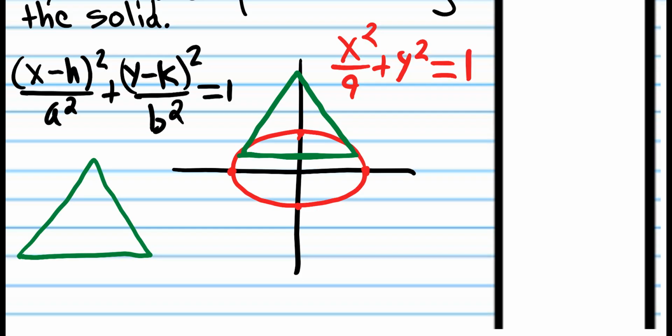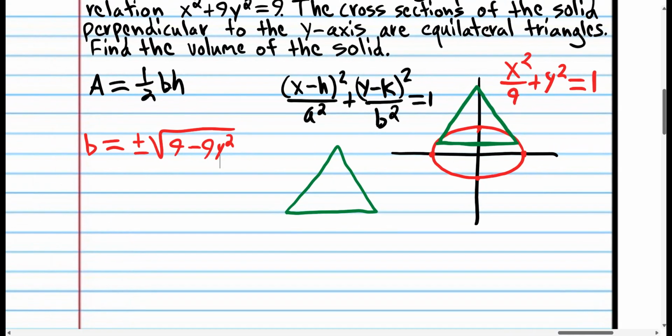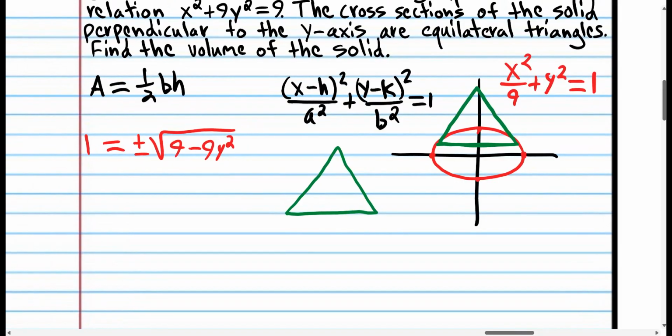Now we can solve for x in this equation, and that's going to give us that length, this length here. So if we solve for x in that red equation, we're going to get, well, that's not the base, that's half the base. We'll just say that that's equal to x. The base is equal to 2 times that.